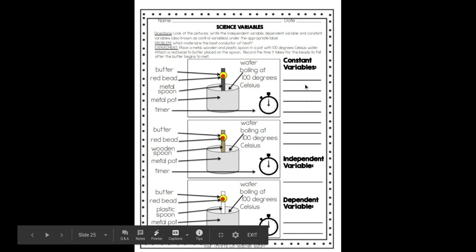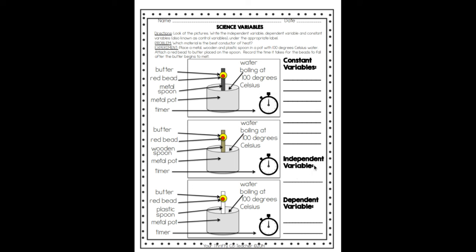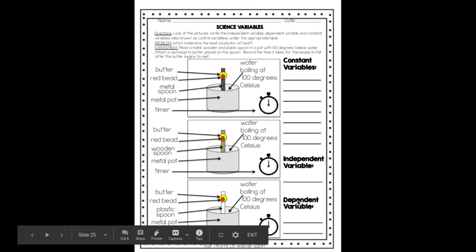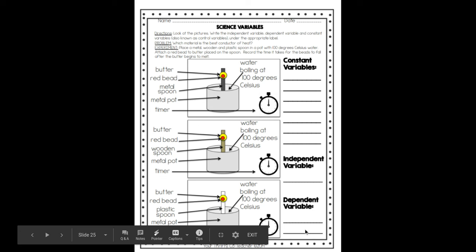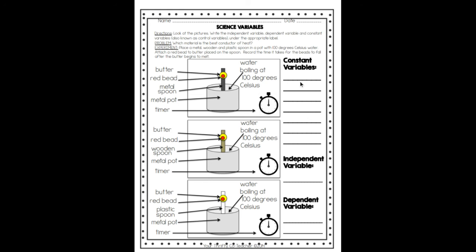So you need to determine what things you are going to keep the same, what you are changing, and what you are looking to see. What is your result, your effect? Okay, so constant variables. One constant variable is that you are going to use the same water, right?